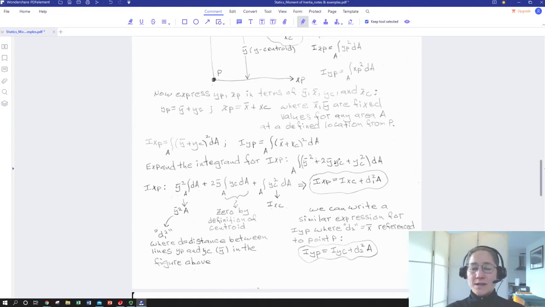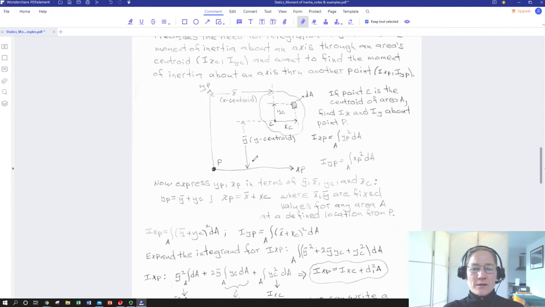It's really the y sub c, the distance of the differential area unit from the centroid, is the only term that's changing. So we can take the y bar outside of the integral anytime it appears. So we start with our first term, where we have just y bar squared dA. And if we look at y bar squared, what we notice is that is the distance, and we'll go back to our figure, that's the distance of the centroid from the new axis.